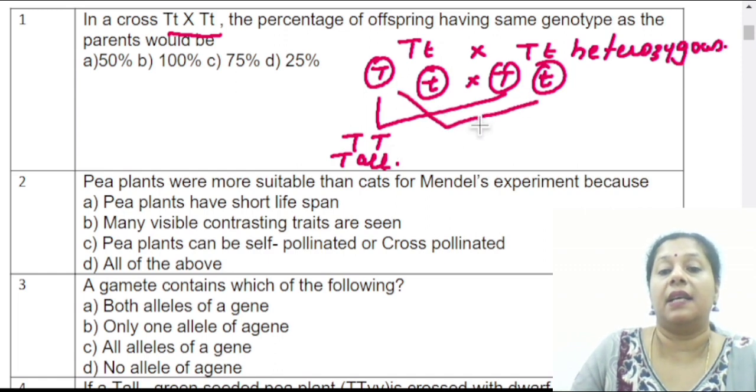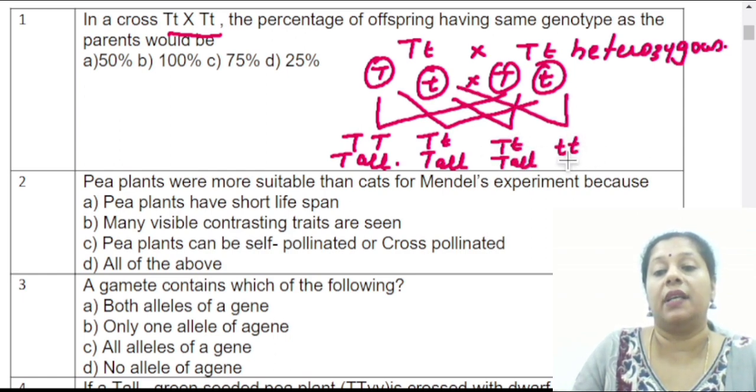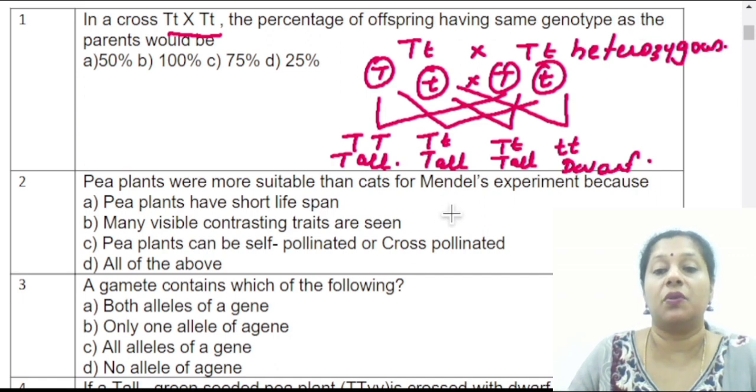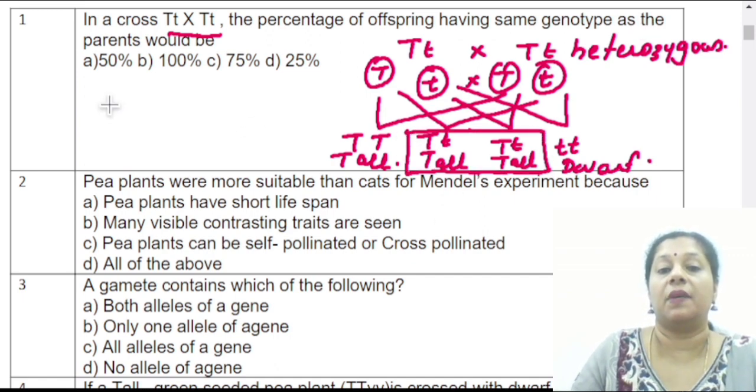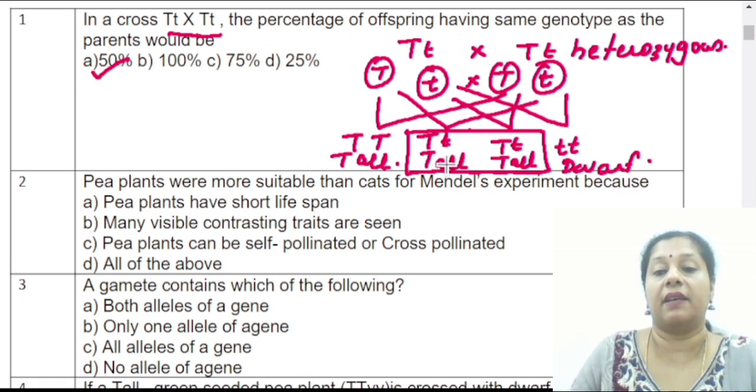Then this will be again capital T, small t, tall. This is capital T, small t, tall. This is small t small t, dwarf. Now our question is, how many offsprings have the same genotype? Same genotype means these two have the same genotype. So we can say 50% of the offsprings have the same genotype similar to the parents.